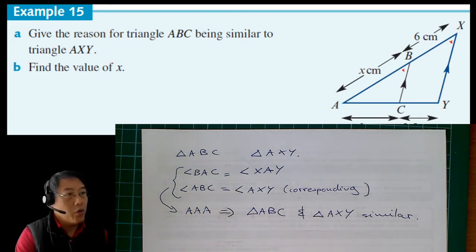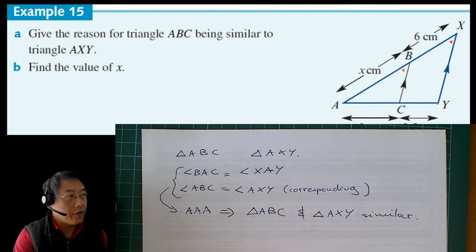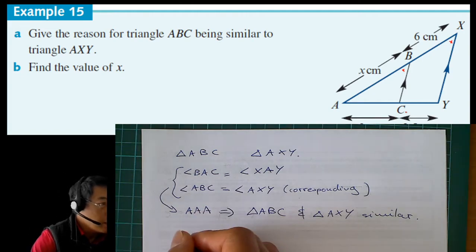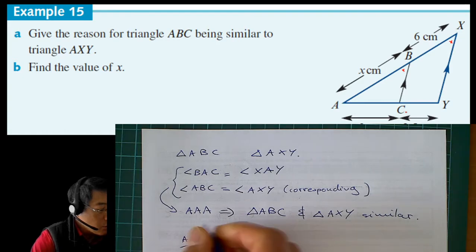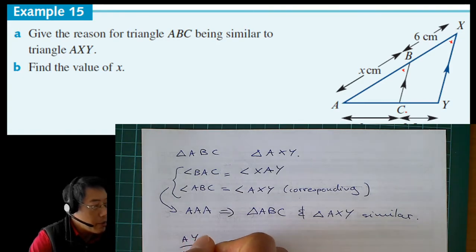Okay, so with the ratio of the lengths, you see on this side, it's going to be equal. So what I'm going to do is the ratio of the larger triangle, so it's AY. So I can write AY divided by AC. That's the ratio between the larger and the smaller triangle, a side of the triangles.